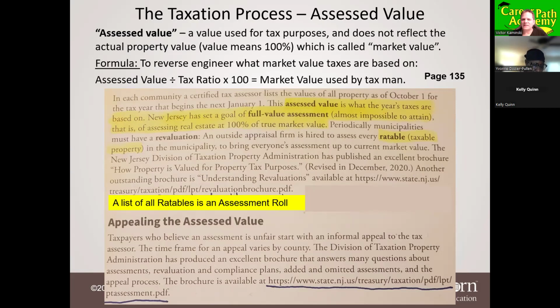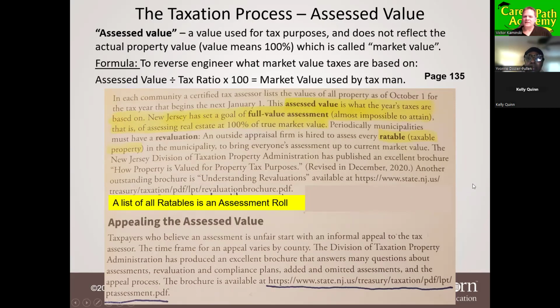So, if you get your tax bill and you just look at the assessed value, you're going to be like, wow, my house is worth way more than that. I better keep my mouth shut because otherwise my taxes are going to go up. Because you think that's the value they're using to determine your taxes. And it is. But how do they come to the assessed value? The assessed value is way different than market value.